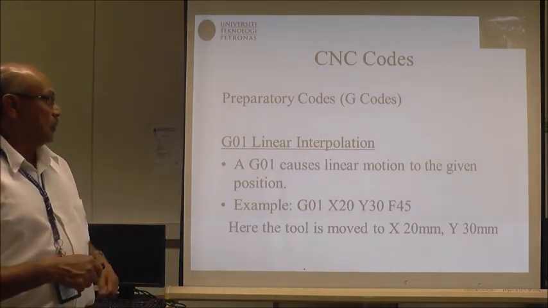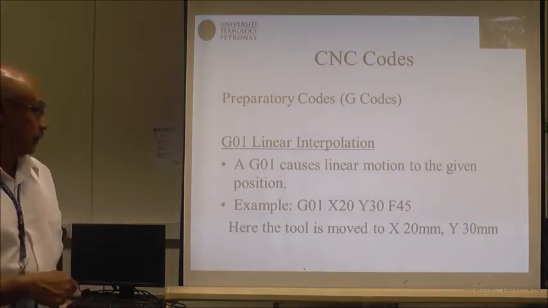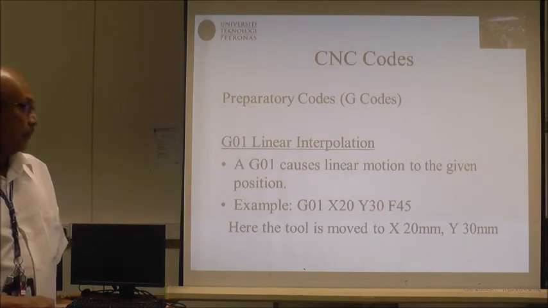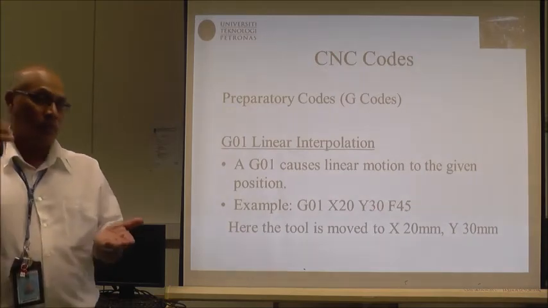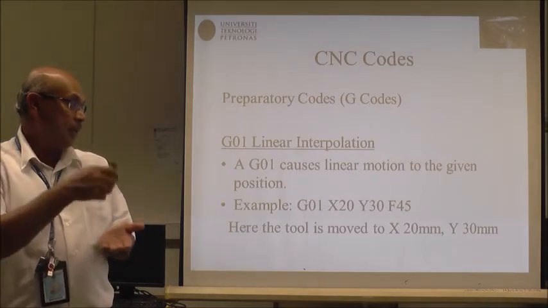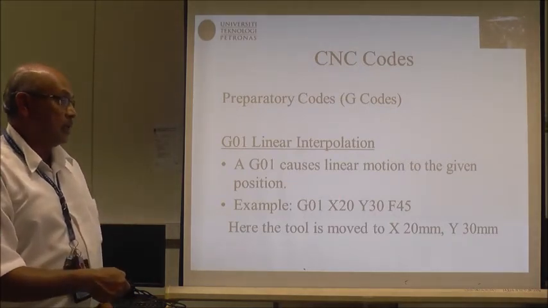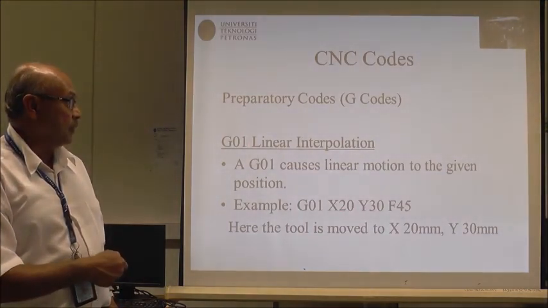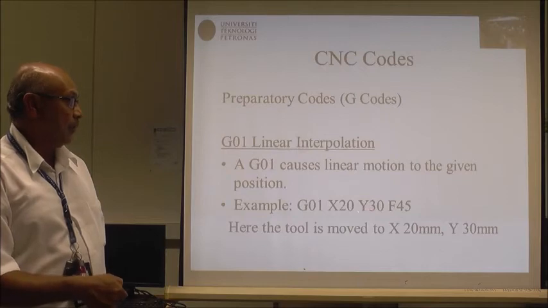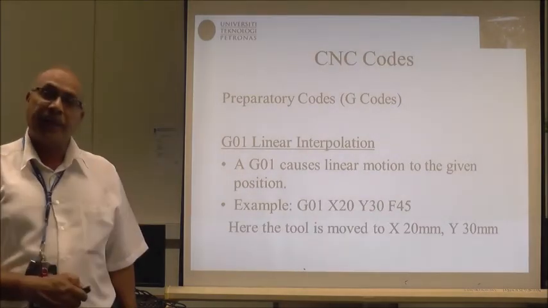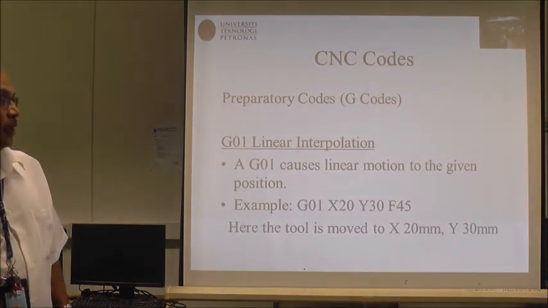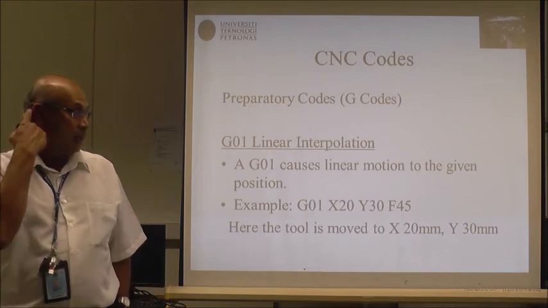So G01 causes linear motion to the given position, meaning from wherever you are, if you give G01 X20 Y30 F45, the tool will move from one point to the address X20 Y30. So this is the address of the destination. The tool will move in a straight line to this coordinate at this rate, at 45 mm per minute. So you see here the tool is moved to X20 Y30. Alright, next slide.